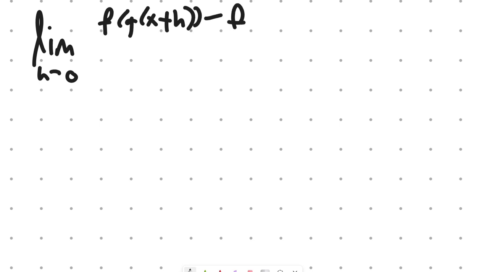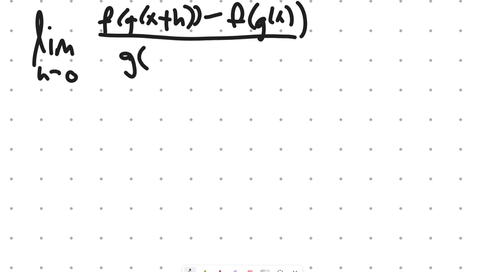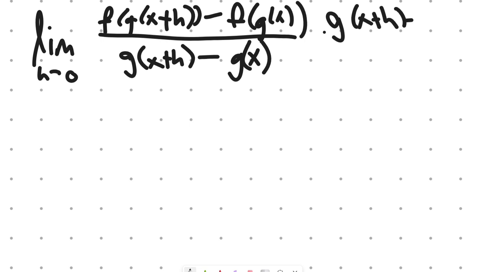We will have the limit as h approaches 0 of f of g of x plus h minus f of g of x, all over g of x plus h minus g of x, times the fraction g of x plus h minus g of x, all over h. Now we have multiplied those two quantities, so we'll take the limit of those individual quantities.